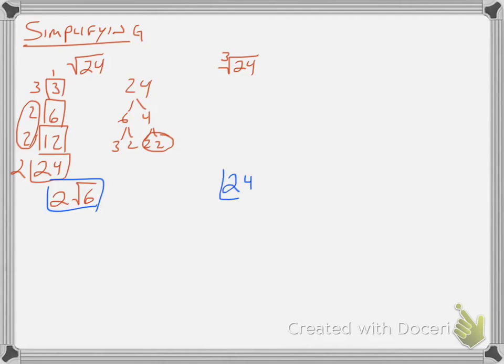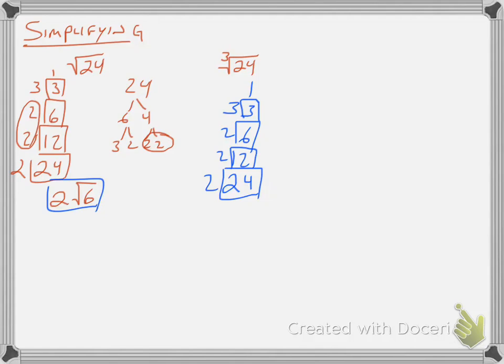So I'm going to do the birthday cake. Same birthday cake, ends up being the same way. The only difference is, because it's not a square root, it's a cube root, I'm not looking for pairs to circle and bring one out. I'm looking for 3 of a kind. Because this is a cube root, I've got to look for 3.